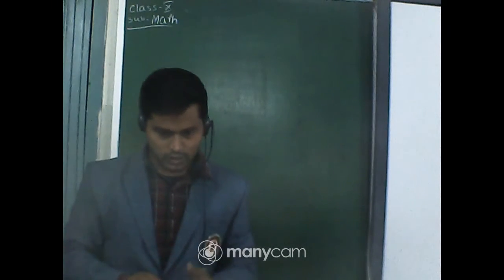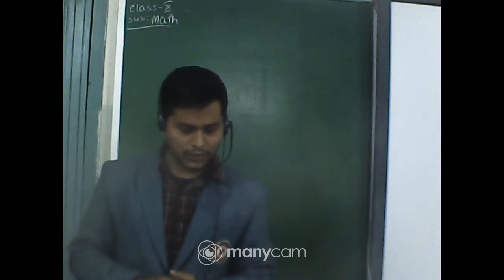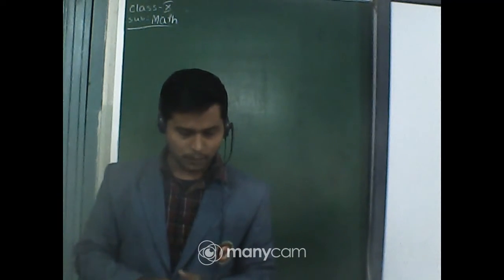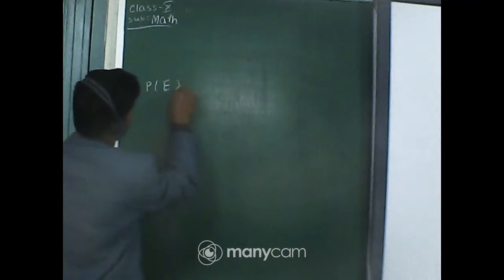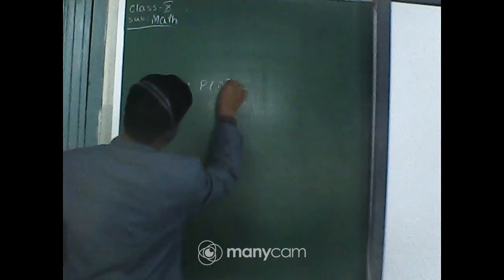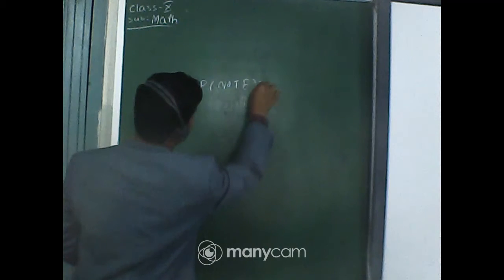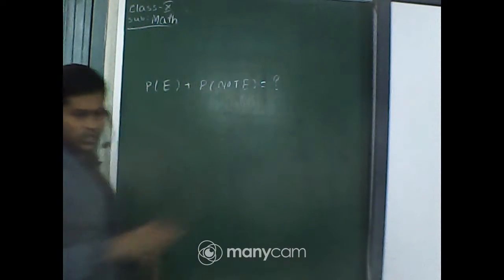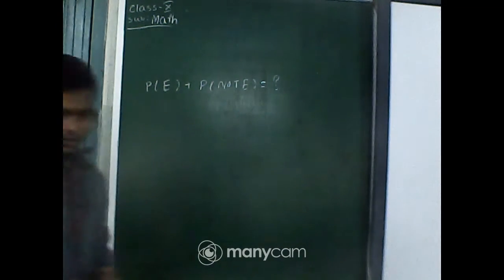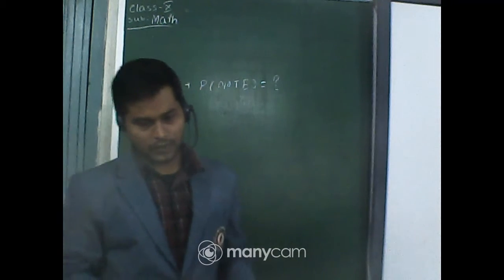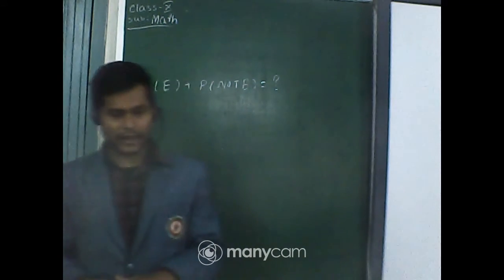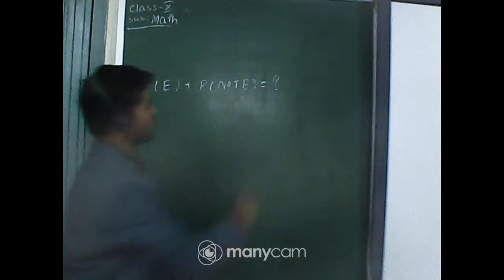The first question, I'm going to read it and you will give me the answer: the probability of an event E plus the probability of not E is equal to what? Very good. So the sum of the probability of an event happening and not happening is always equal to 1.